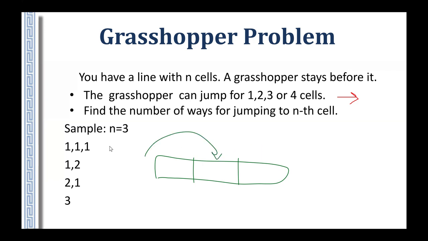And the fourth way is to jump directly 3 cells forward. You can see that 1, 2 and 2, 1 are different ways to jump to the nth cell. So we count all of these ways. So here the answer is 4.